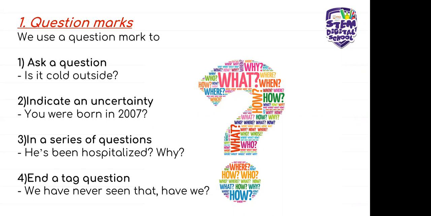So it's an uncertainty. Okay, we use a question mark for that also. Okay. In a series of questions, he has been hospitalized. Question. Why? Question. Okay. So it's not when I know something, it's when I'm asking you. He's been hospitalized. Question. Why? Question.